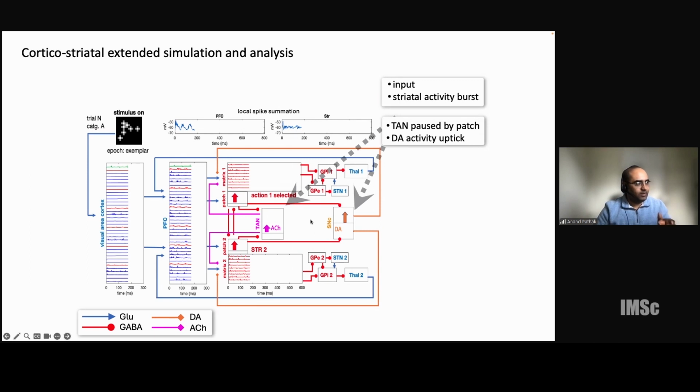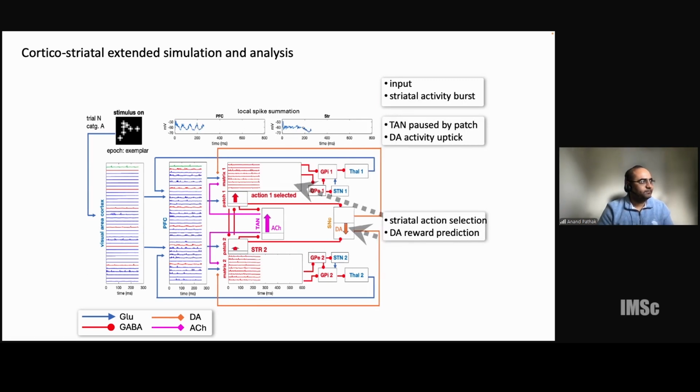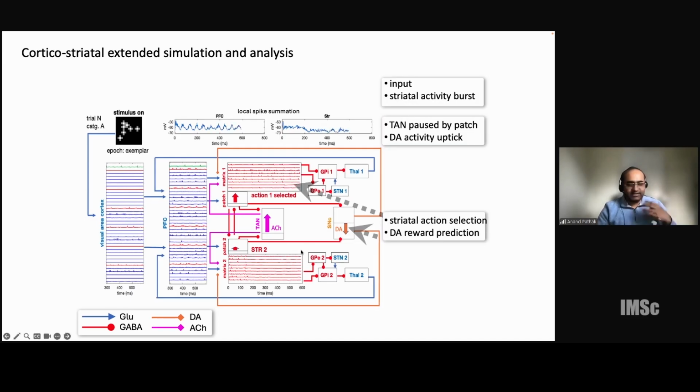Both of these are important, and when that happens, about this time, the action selection has already happened, which means one of them has won. And then there's a suppression of dopamine activity in substantia nigra, which somewhat corresponds to the reward prediction. So, as the learning goes, the reward prediction also modifies with time.